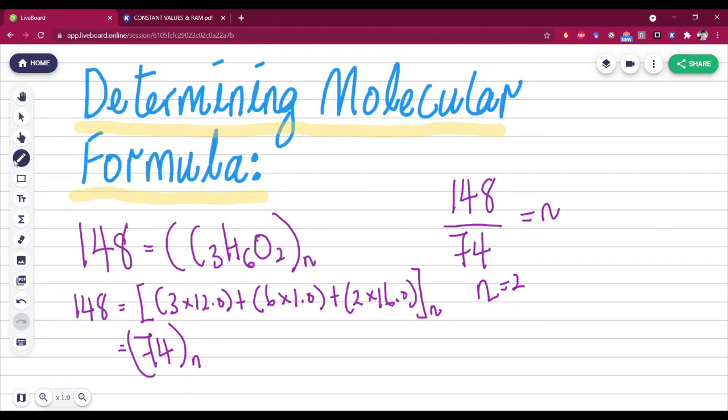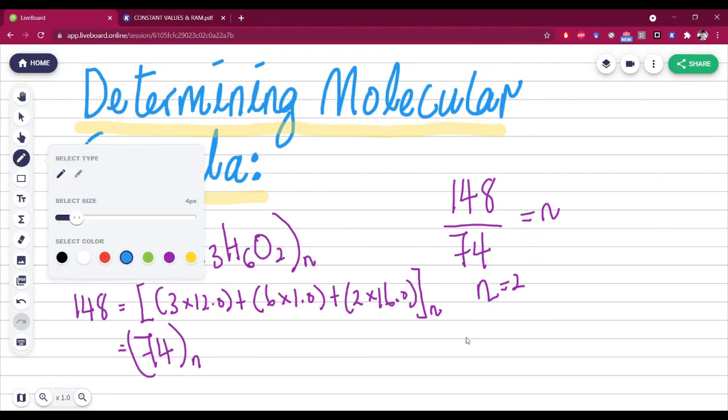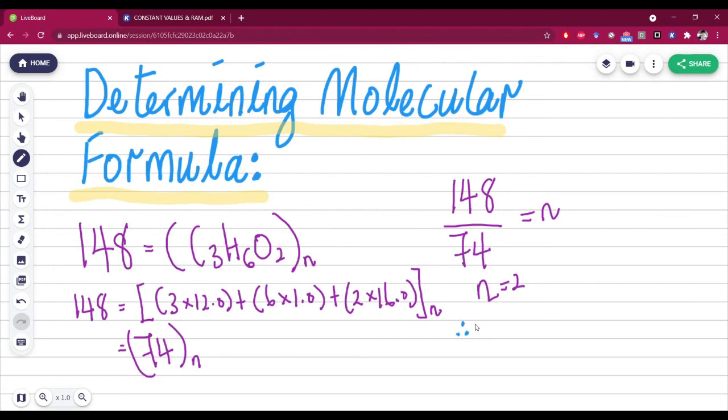Therefore, the molecular formula is C3H6O2.